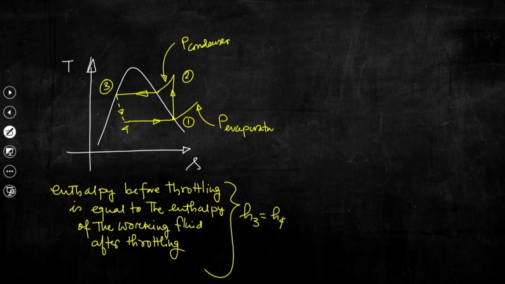For the steam power cycles we had also mapped all the processes in the PV diagram, but here, since 2 processes are at constant pressure and one process has enthalpy before throttling equal to enthalpy after throttling, we can map all these processes in this pH plane.